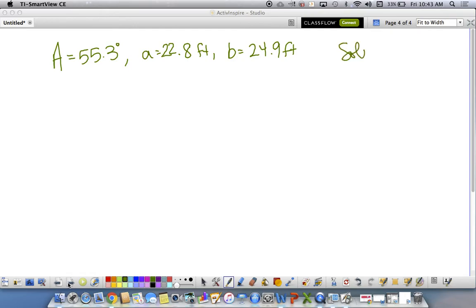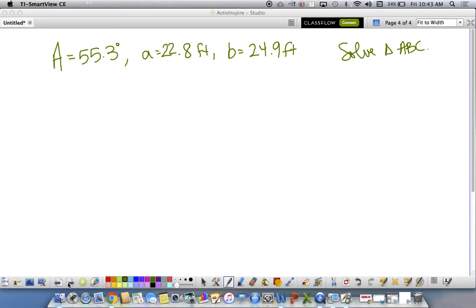All right, if I give you angle A equals 55.3 degrees, side a is 22.8 feet, and side b is 24.9 feet. Solve triangle ABC. Okay?